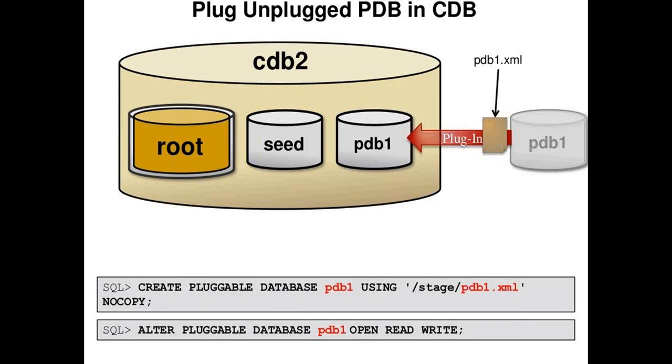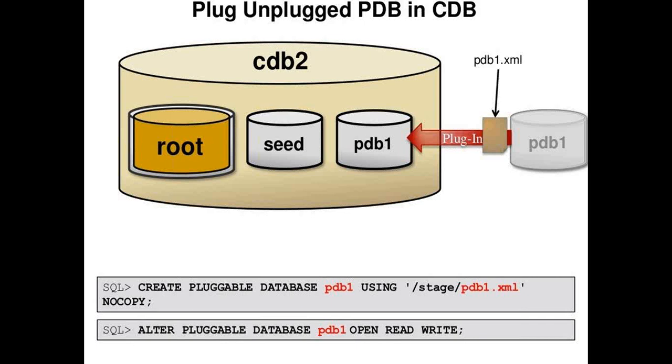Now, plug the unplugged PDB into the container database. You can plug the unplugged PDB back into the container database, and there is one command, create pluggable database PDB1 using the same XML file which we unplugged in the previous command we had seen in the last PPT.